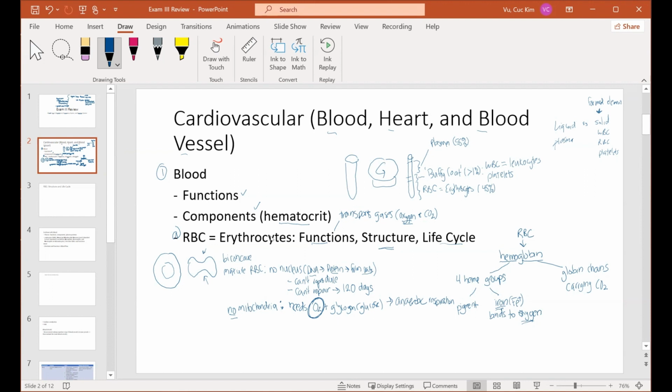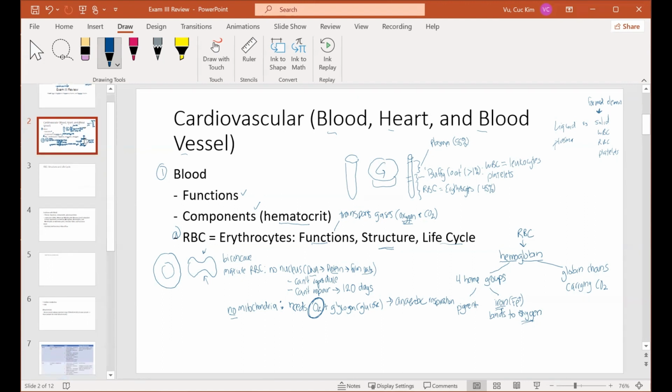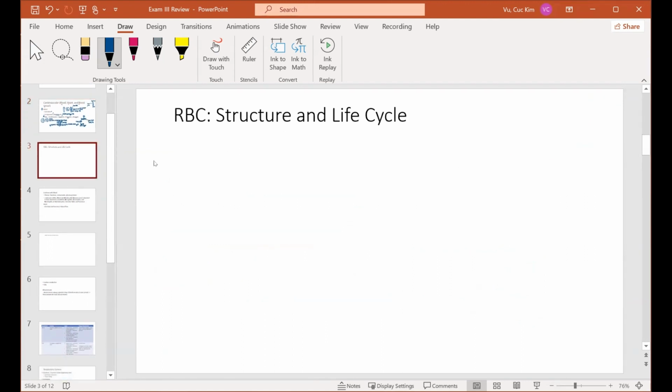Okay. All right. So that's the structure. Now let's go through the life cycle a little bit more. So a lot of you chose to do your video on hypoxemia. So you know this already.